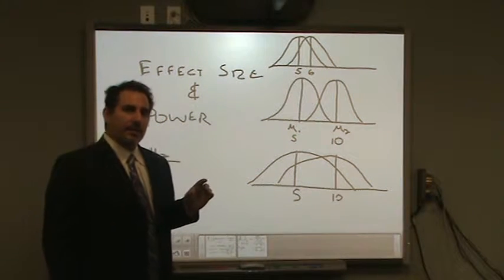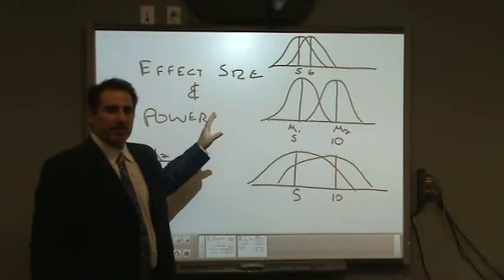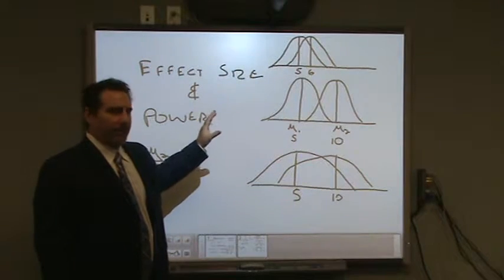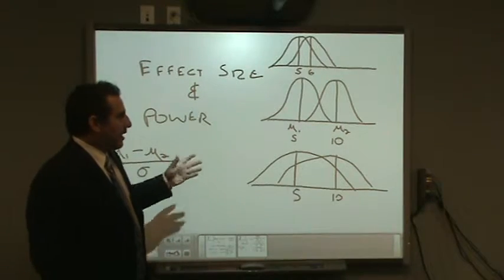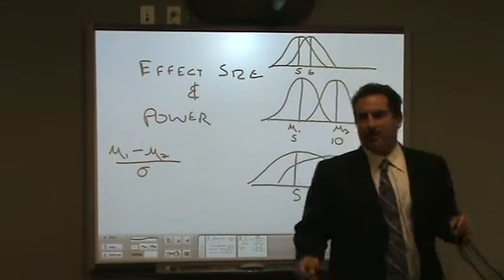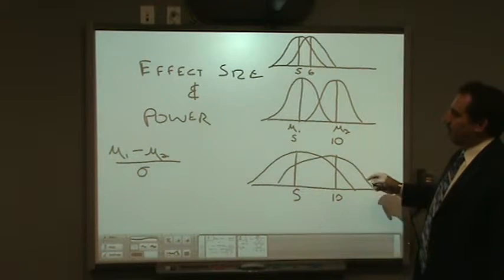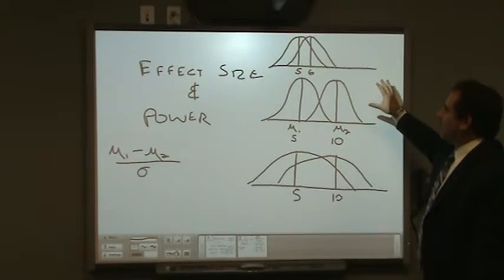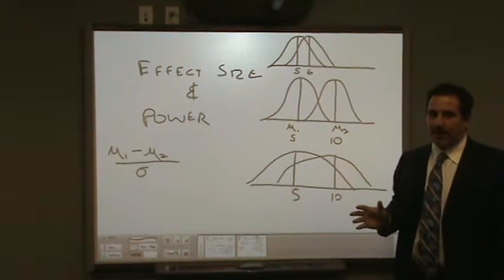And so I thought to illustrate this point, I would draw three pictures of an experiment, and just take a look at these three pictures and ask yourself, which one do you think has the biggest effect size? In other words, which one of these pictures is it most obvious that the groups are in fact distinct?